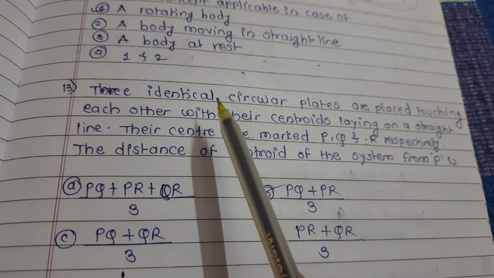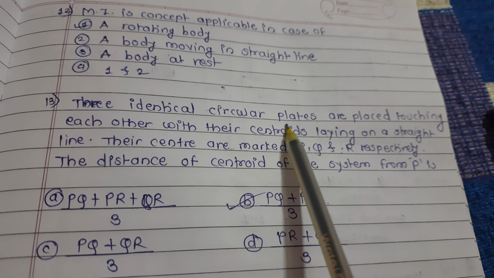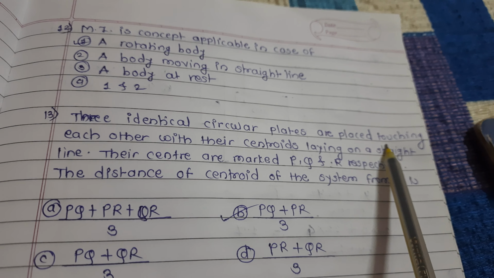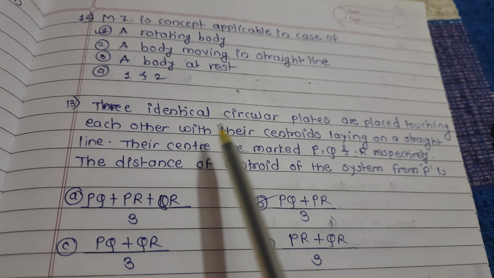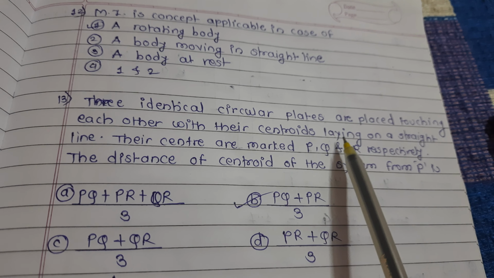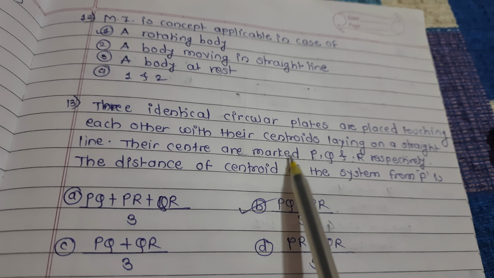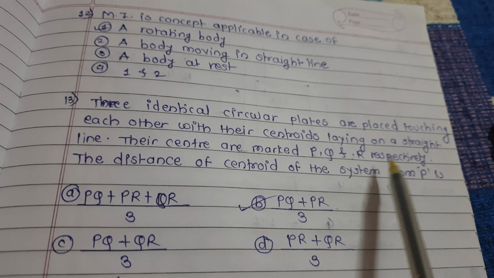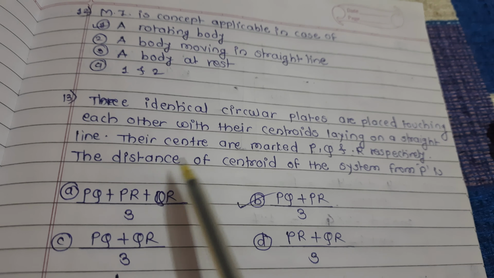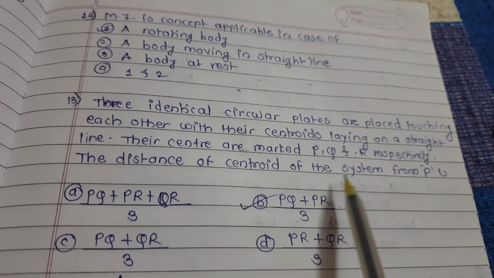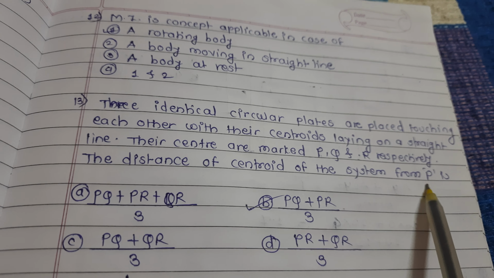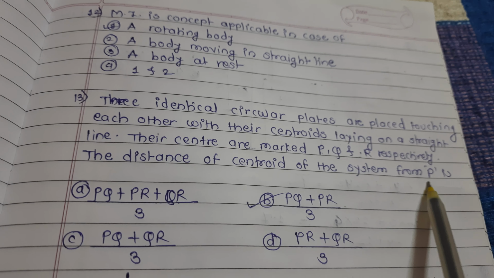Again, three identical circular plates are placed touching each other with their centroids lying on a straight line. Their centers are marked P, Q, R respectively. The distance of the centroid of the system from P is? Let's see.